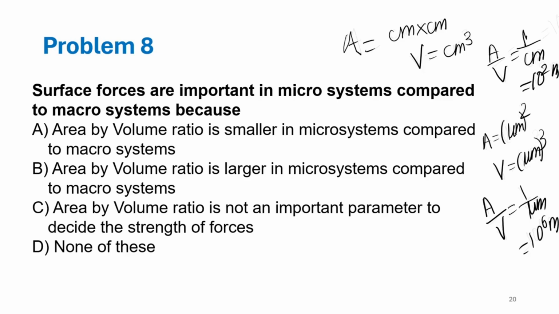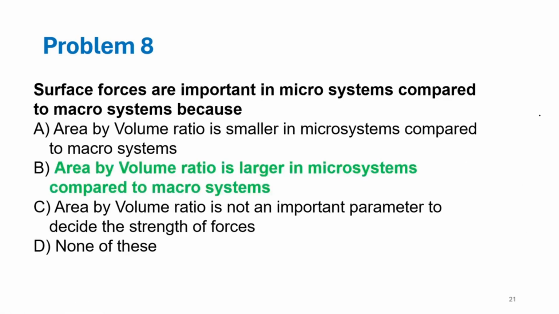So if we compare the ratio of the centimeter structure and the micrometer structure, we can see that the area by volume ratio is much larger in microsystems compared to macro systems. So the correct answer is option B.